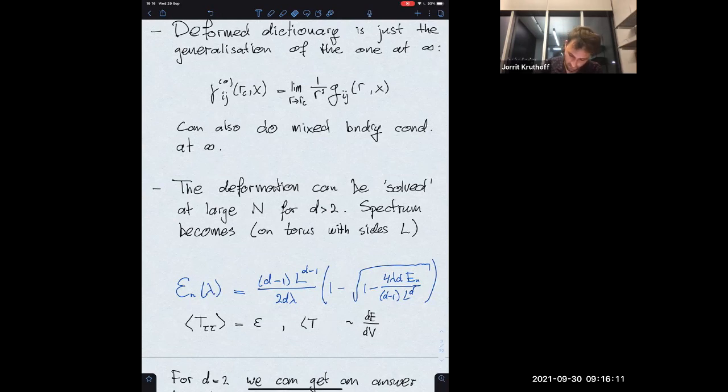So TII, in that case you can generalize, but here I've taken this torus to have the same sides. So TXX is equal to TYY is equal to TZZ and whatever other coordinates you have, and it's equal to dE d volume. So this is really dE d volume.